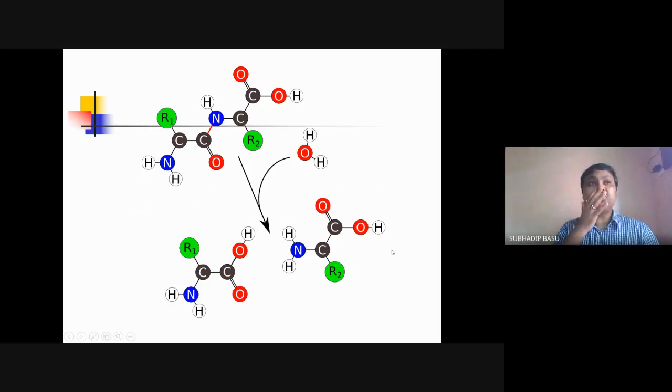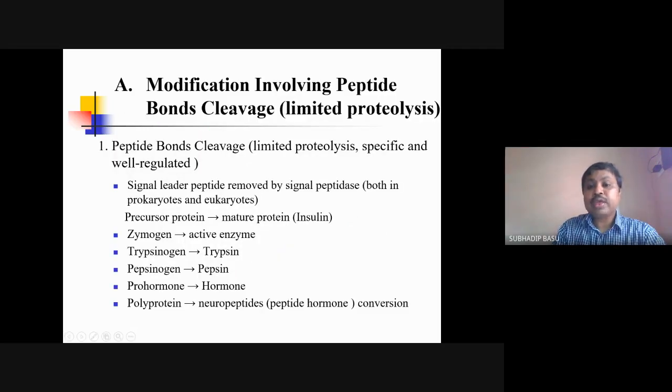For example, in case of protein degradation, these peptide bond cleavages degrade a protein into smaller, again amino acids. They become individual amino acids. Okay. Now, peptide bond cleavage is a very important activity in post-translational modification. This is called limited proteolysis, where exactly we want that cleavage and how it has to be effected.